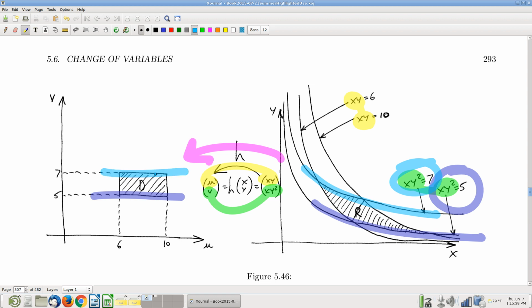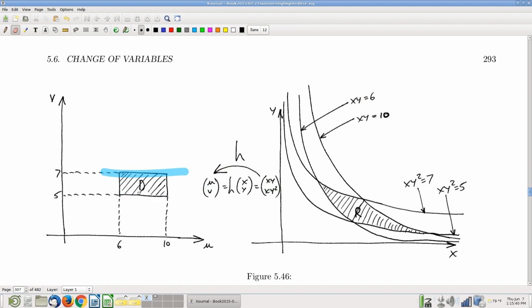So we've got this weird domain that we don't like, right? Its image is a very desirable domain that I do like, namely a rectangle. So we've kind of sort of done what we wanted to do, but it's sort of backwards, if you will. That's a little awkward. But it turns out that everything we need is here. All I've got to do is figure out how to take the integral that I'm interested in.